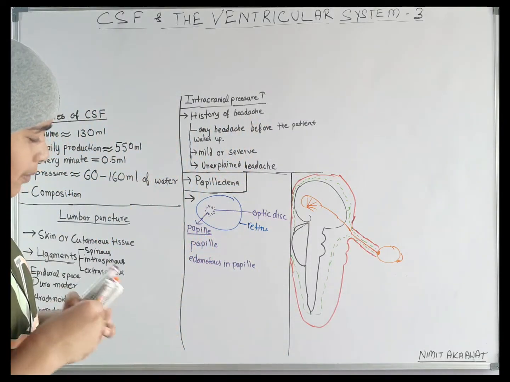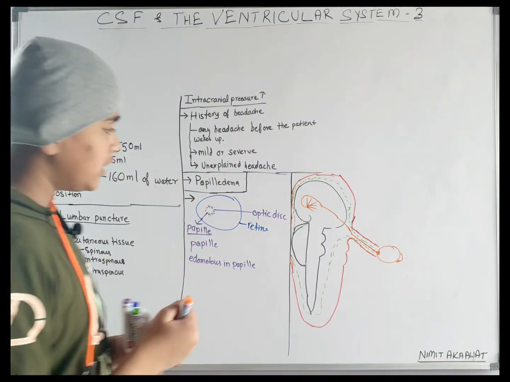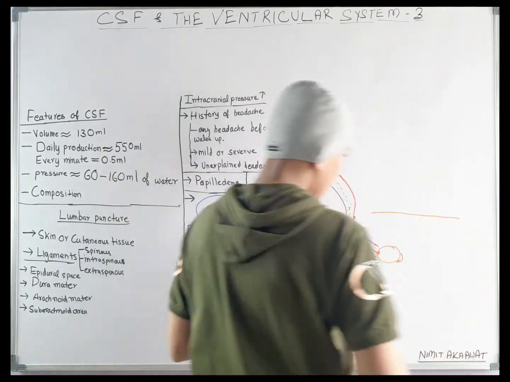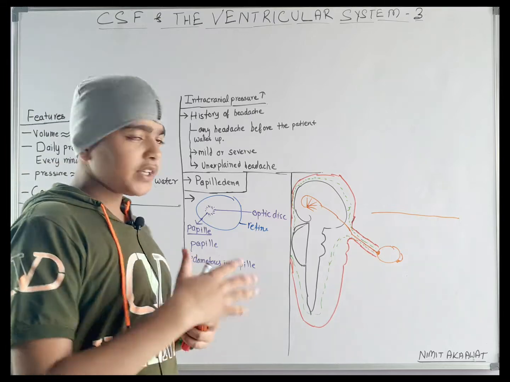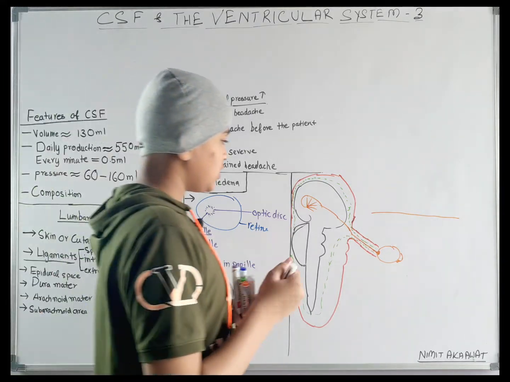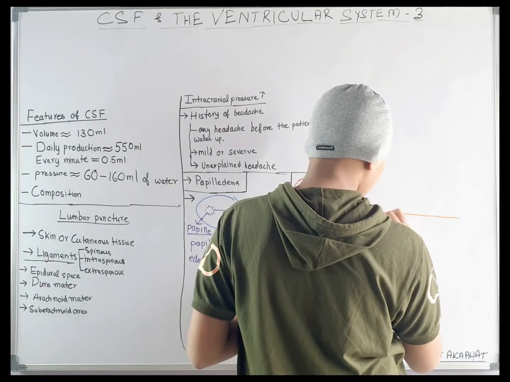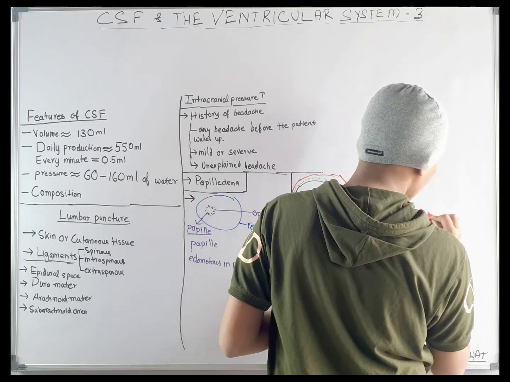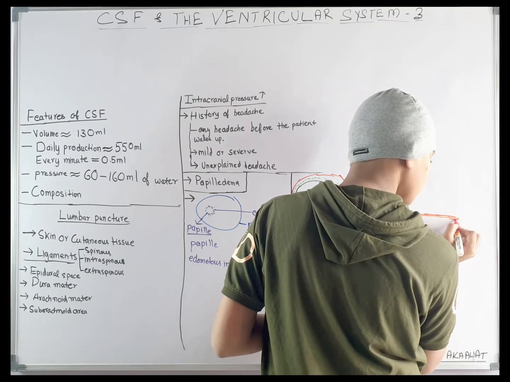And another proof is, for example, here is the optic nerve. The optic nerve is myelinated or covered by a special type of cells called oligodendrocytes.